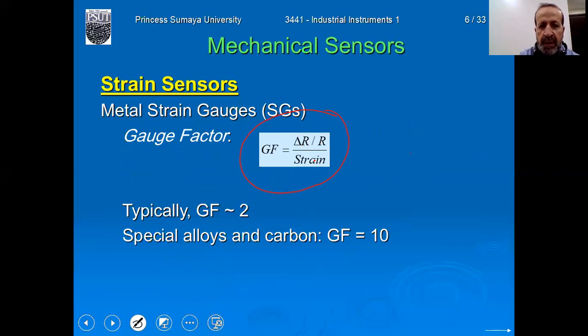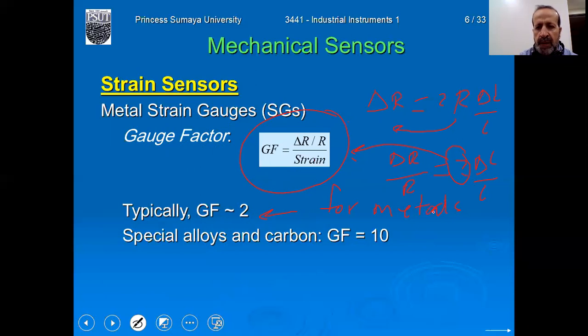And this is the same as we solved in the previous example: delta R is equal to 2 R times delta L over L. So if you bring this R here, delta R over R is equal to 2 delta L over L. So this 2 is the gauge factor, and it is usually around 2 for metals.